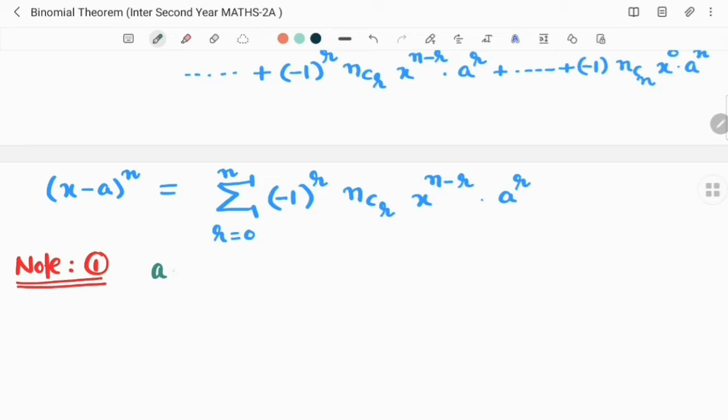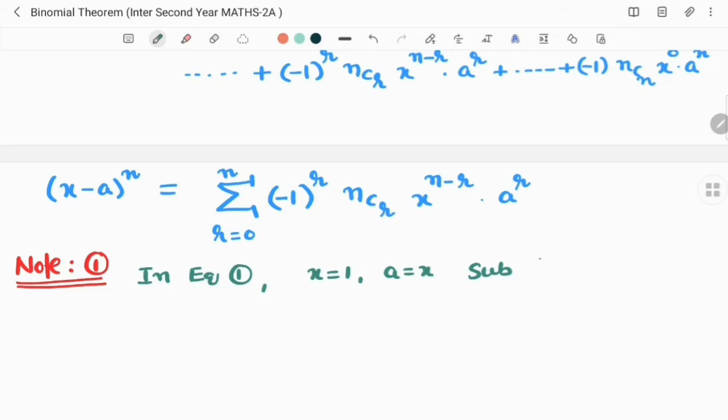In equation 1, x is equal to 1 and a is equal to x.